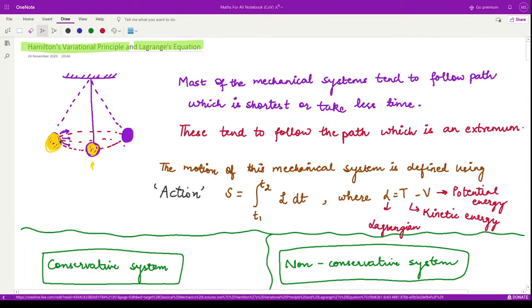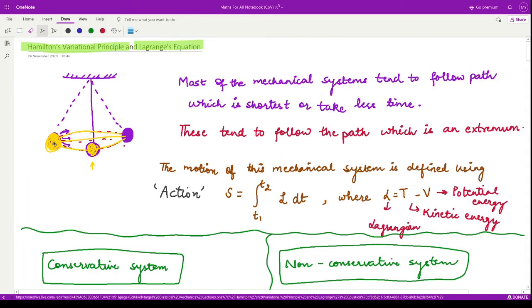If I release this bob, it will tend to go in this direction, and if I pull the bob towards myself and then release it, it will go in this direction, and if I push it a little backward, in that case it will go in this direction.